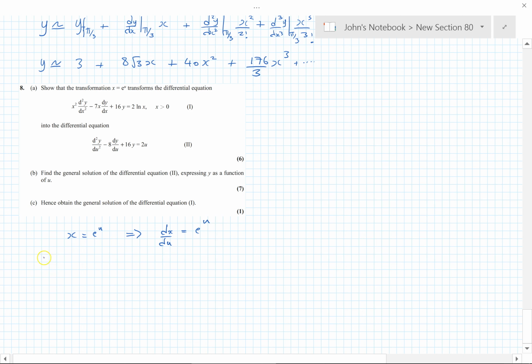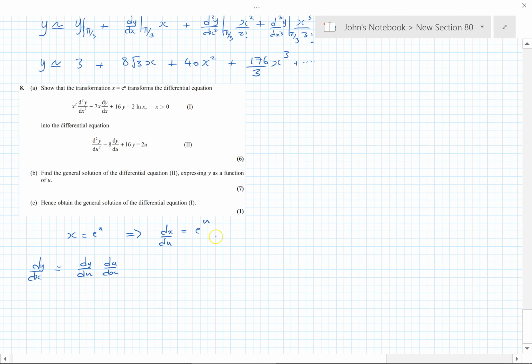So we can get an expression for dy by du in terms of dy by dx. Let's just say dy by dx is equal to dy by du times du by dx.